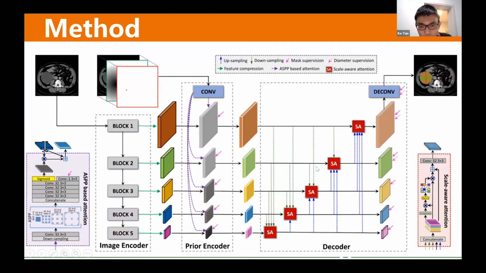The algorithm has a UNet-like architecture, including an encoder and a decoder, and he also inputs some prior knowledge into the encoder, together with some scale-aware attention in the decoder to improve the accuracy of the segmentation.